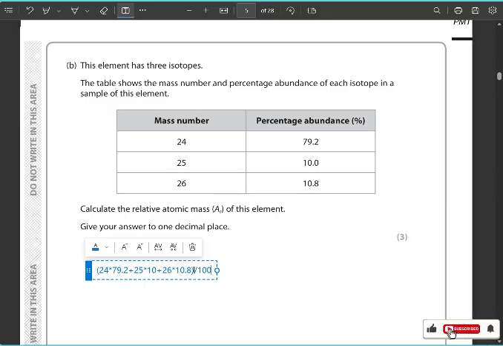If we divide by 100 we can easily find the relative atomic mass. Okay, and the answer is 24.316. They have written that we should give the answer to one decimal place, and if you convert 24.316 to one decimal place, it will be 24.3.